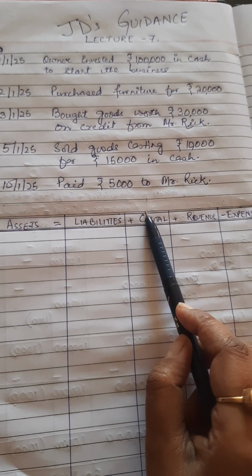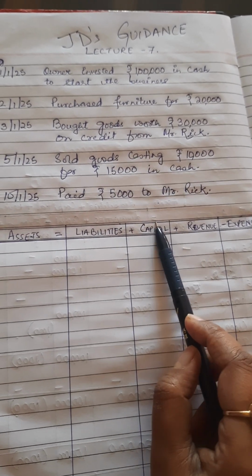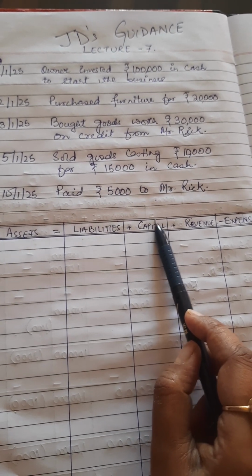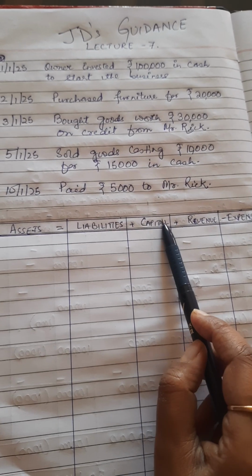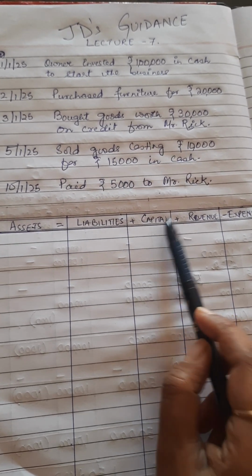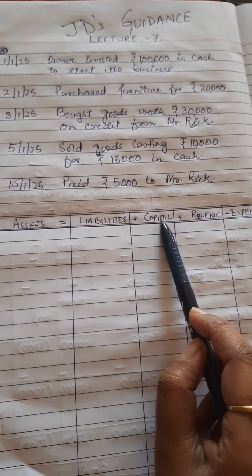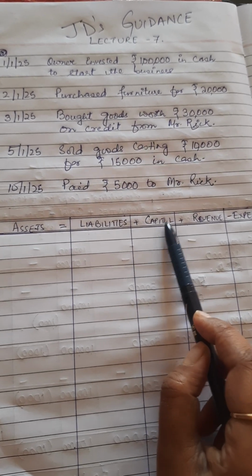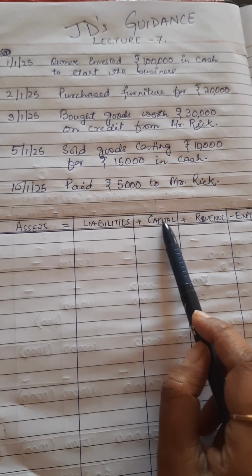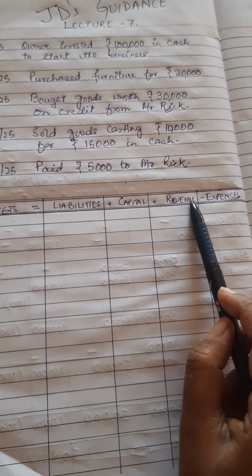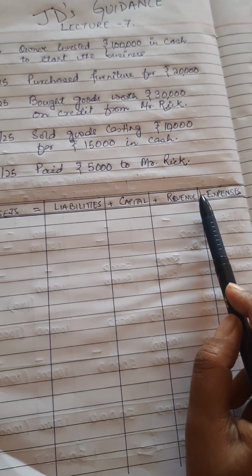Capital is put by the owners in the business, and in this capital every time there will be some addition of profits. Because I have put my money in the business, I expect that whatever profit is coming should be added with my capital. And what is profit? Revenue minus expenses is the profit.